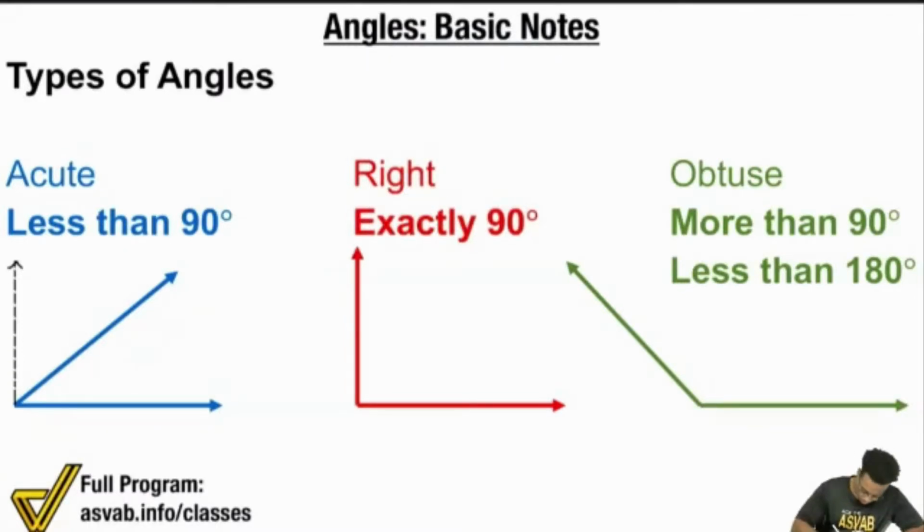So trying to make that look like a dotted line. Cool. So basically any angle that is smaller than this, any line right there, as long as it's shorter than a right angle, you're good.